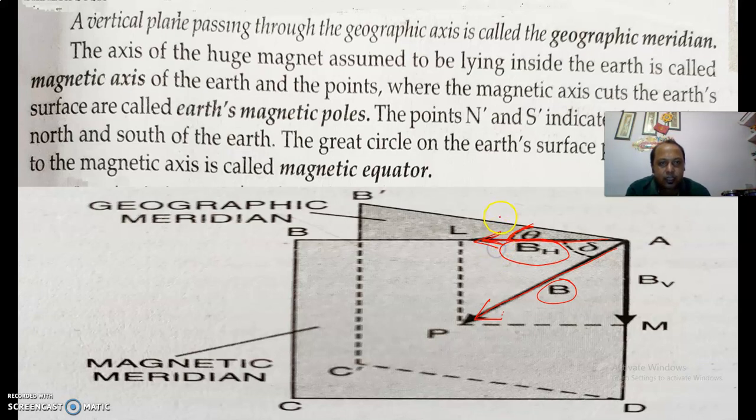But the actual geographical north direction can be obtained if we know the angle of declination. Further, if the magnetic needle is free to move in the vertical plane also, then the actual direction of the magnetic field and the horizontal component make an angle given by del, and we call it the angle of dip. So I hope that this part is very clear to you.